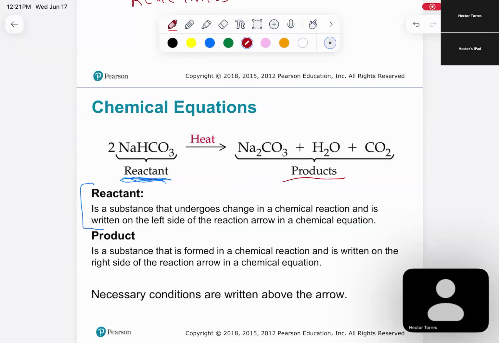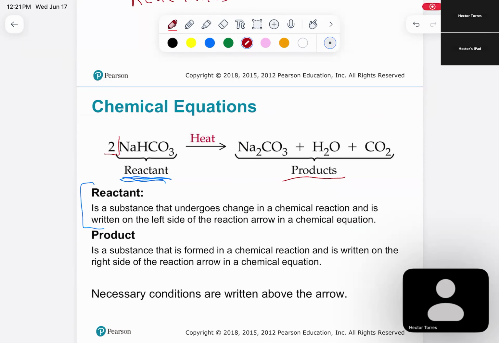Now, in this equation, you can see that I have a number in front of it. This number is called a coefficient. So far, we've only really seen subscripts. This one here tells us I have 3 O's. That subscript is what tells us that. This 2 here tells us that I have 2 of this whole molecule.